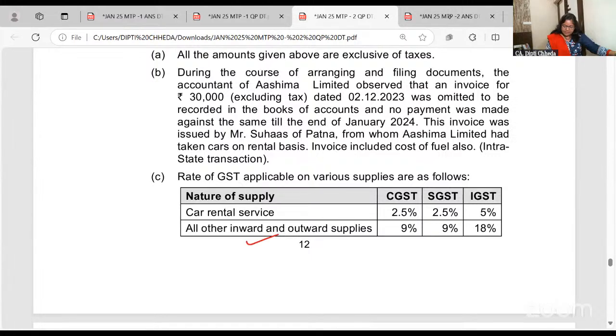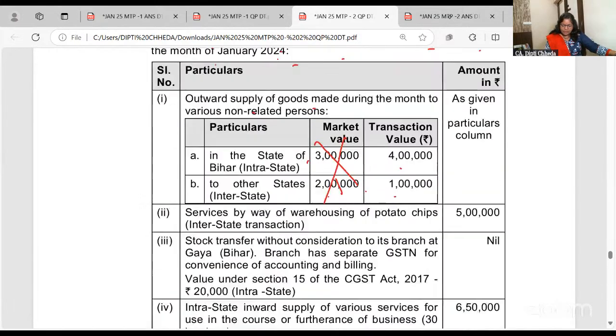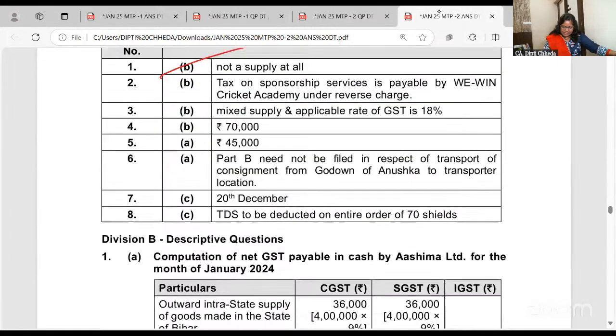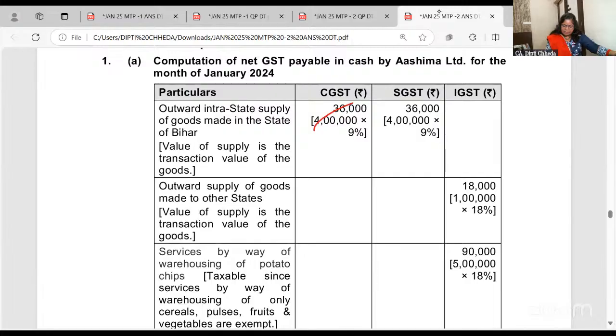And for all services, car is different, the rest are different. Maybe this is covered under RCM. So now 9 and 9% for the first one because it's intrastate, and for this one 18%. If you want, you can check it simultaneously. Output minus input you have to do. So this part is clear.